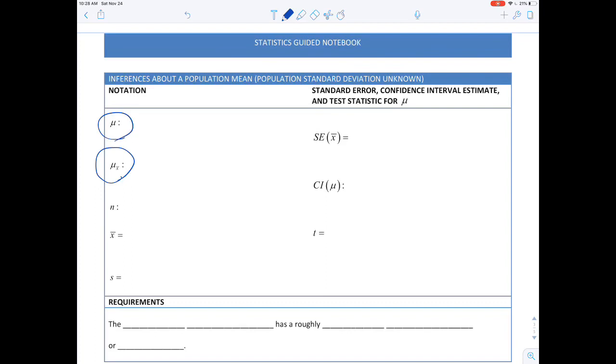This would be the one that's true under the null. So let's put in what we've got there. Mu is just the symbol for the population mean. Mu x bar is going to be the population mean assumed true under the null.